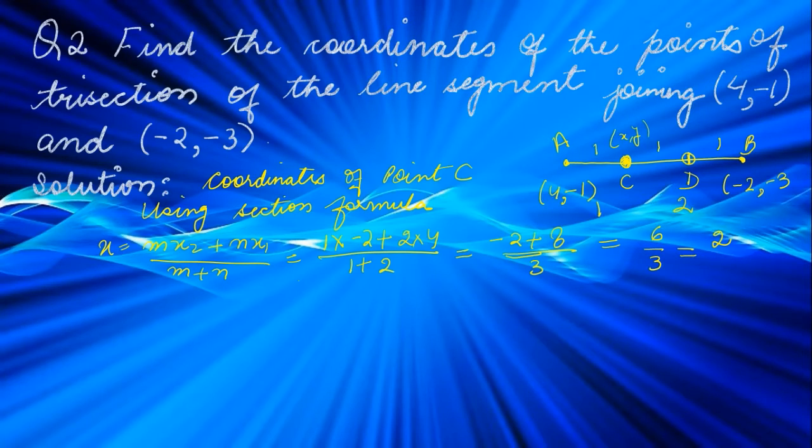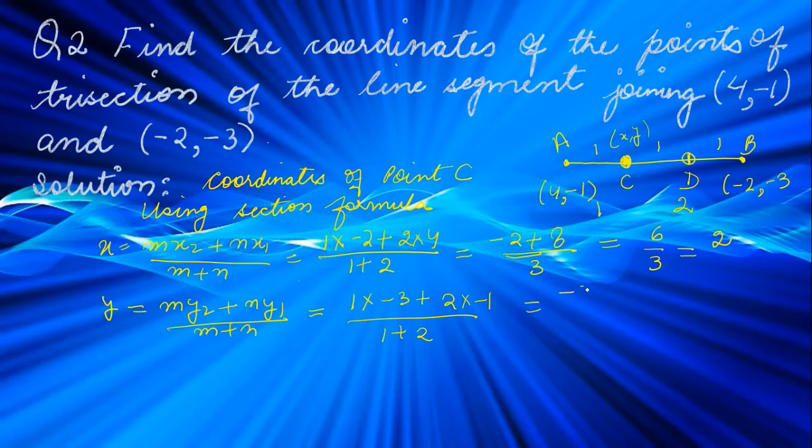Okay. Now after this, for y, it will be (m y2 plus n y1) upon (m plus n). So m is 1, into -3 plus 2 into -1, upon 1 plus 2.